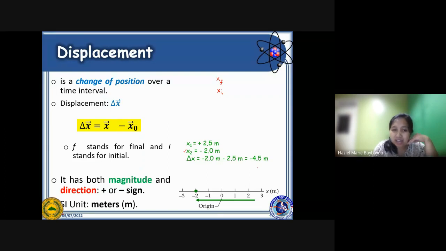Take note, class, that this is rectilinear motion, which means motion along a straight line in one dimension. It is the simplest form of motion. But later, we will have two-dimensional motion, and these equations will get a little bit more complicated. Since displacement is a vector quantity, we will have vector addition and vector subtraction.